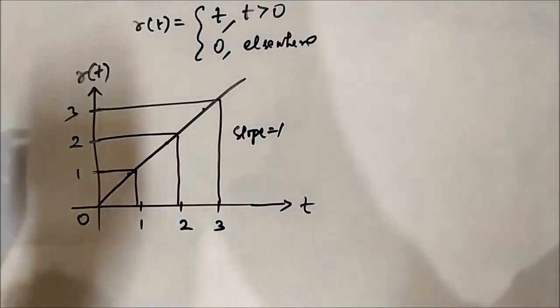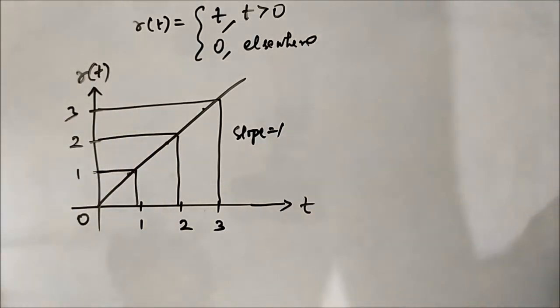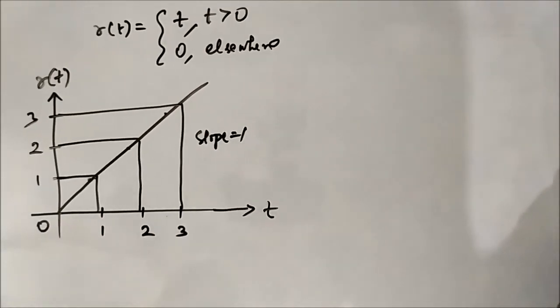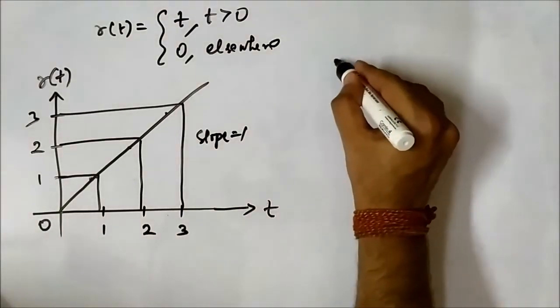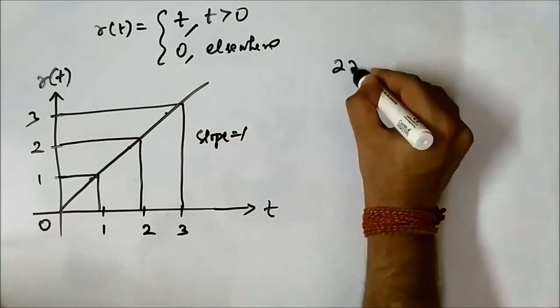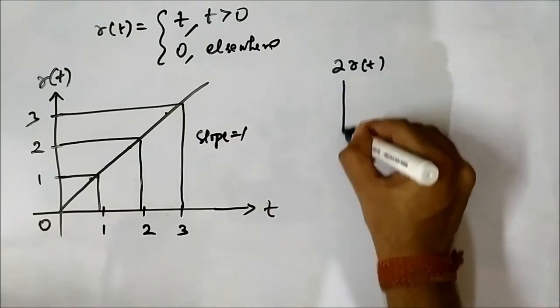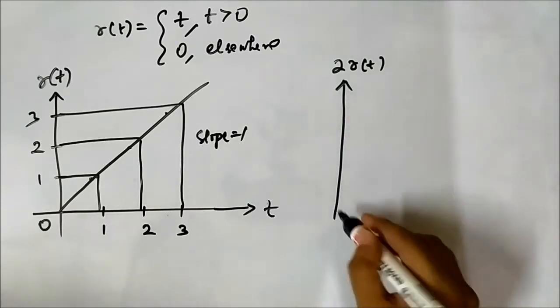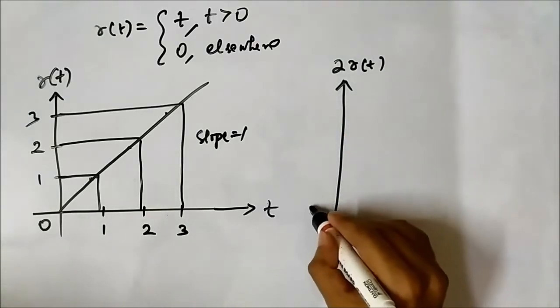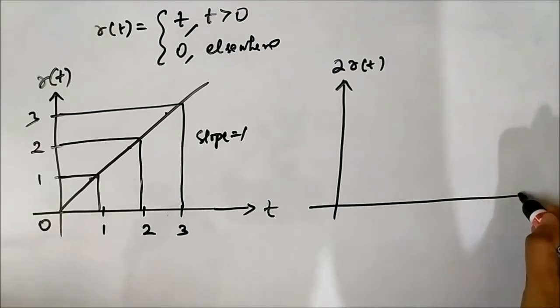So now if we want to perform amplitude scaling, let's say we do 2r(t), then how will it happen? It means twice we are amplifying it.